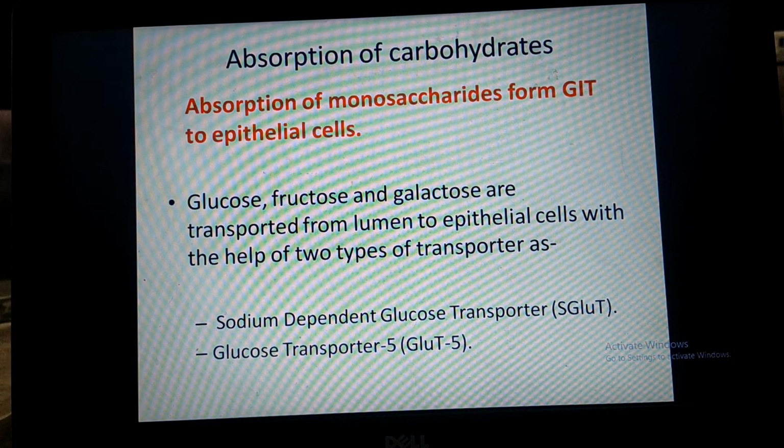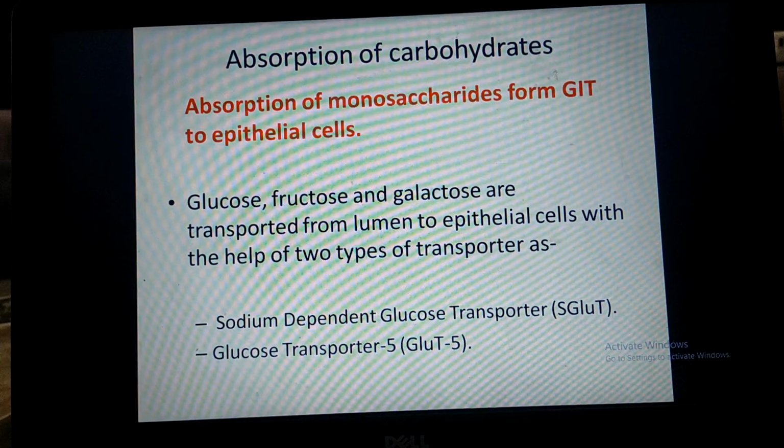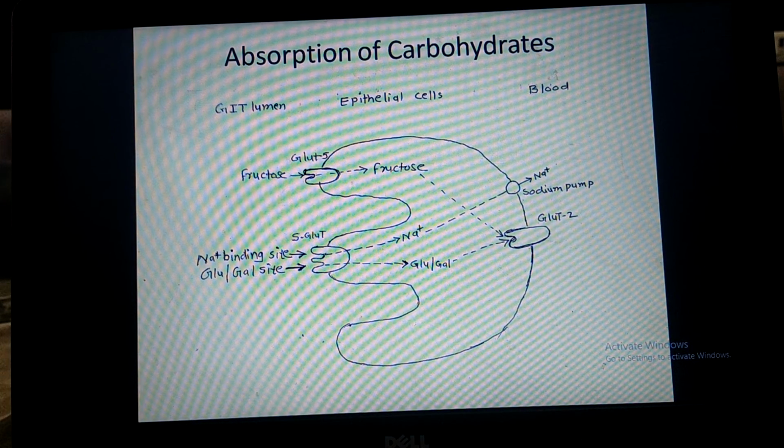Glucose, fructose and galactose are transported from the lumen of GIT to the epithelial cell with the help of two types of transporters. First is sodium dependent glucose transporter, short form is SGLUT, and second is glucose transporter 5 or GLUT5. So in this figure you can see SGLUT and GLUT5.